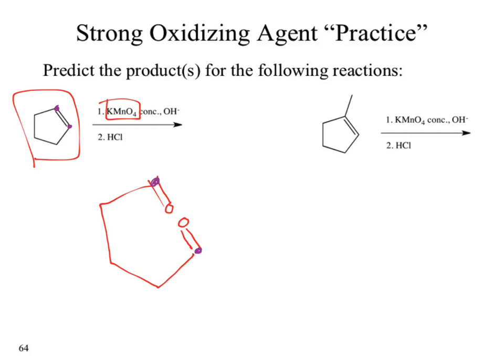Do you see any hydrogens there? There are implied hydrogens. Do I have hydrogens I could get rid of? Yes. Could I replace those hydrogens with oxygens? Yes. The result of your permanganate reaction is those become the diacid.